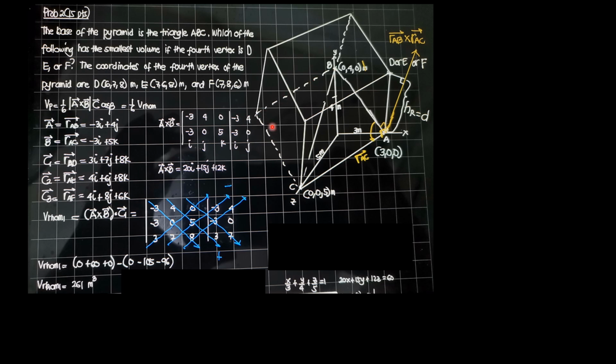Then C cosine beta is actually, if this is C, then this is beta, then C cosine beta is this distance D here, or the height of the rhomboid. So therefore, this is 1/6 absolute value of A cross B, then times magnitude of C cosine beta.